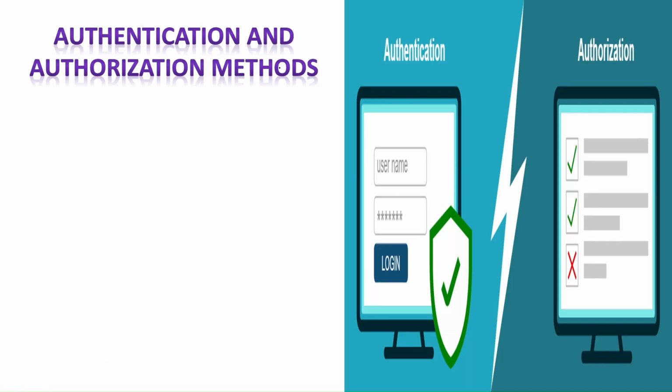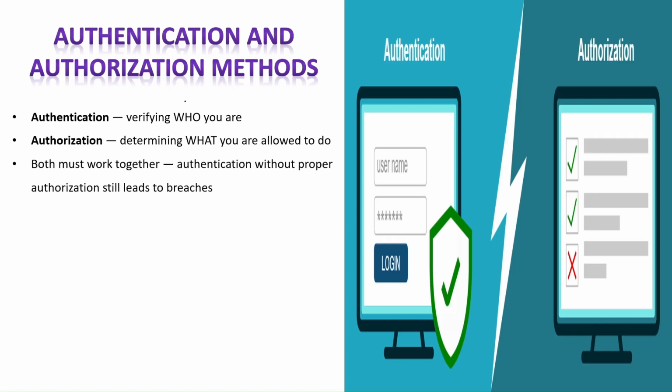Next is the authentication and authorization methods inside identity and access management. So, authentication is verifying who you are, usually through a username and password. Authorization is what you are allowed to do after authentication.